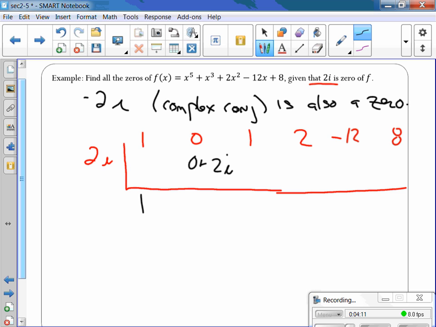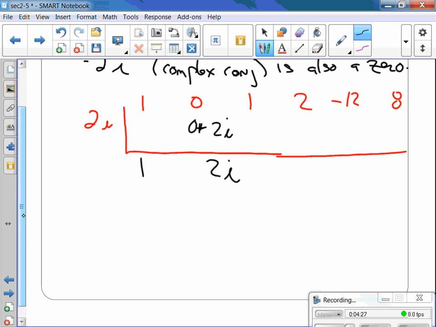Right? And then what? You guys were here yesterday. So 0 plus 2i is just my 2i. Negative 4. That's it. The 2i times the 2i gives me that 4i squared. i squared is negative 1. So that gives us a negative 4.